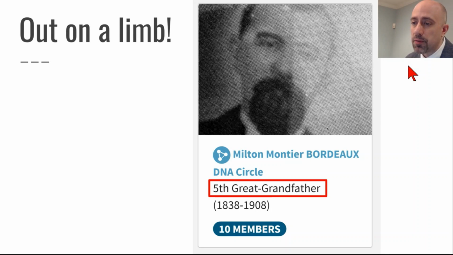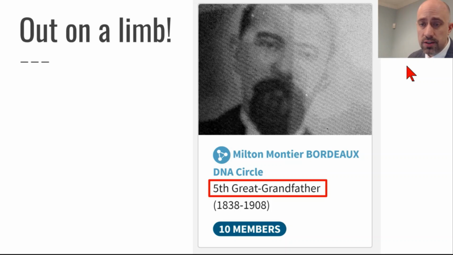So here's an example of why you want to test other family members. This is a DNA circle for my daughter, Milton Bordeaux. He is her 5th great-grandfather. You don't normally get DNA circles for 5th great-grandparents unless you have tested a family member, a close family member, who is closer to that ancestor.